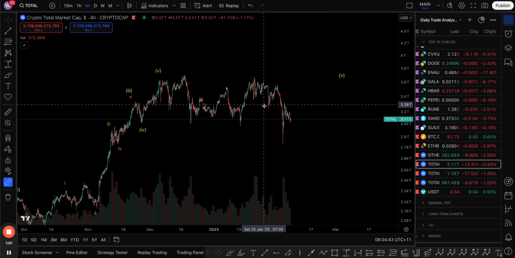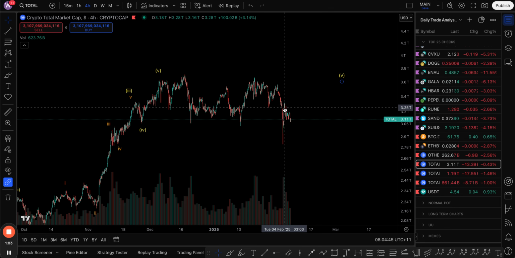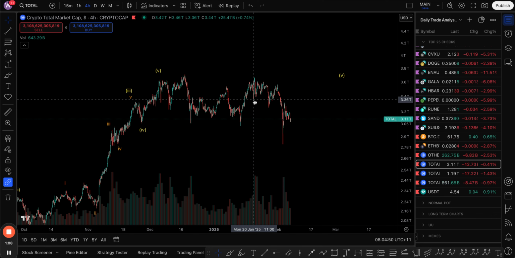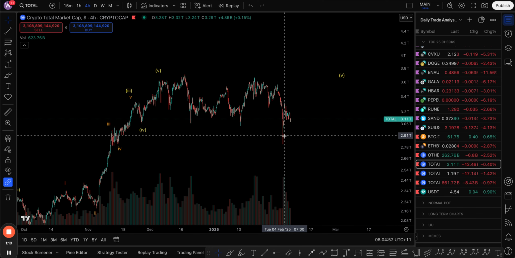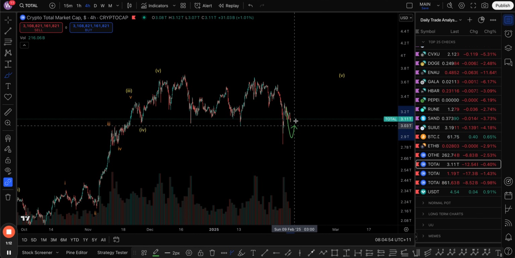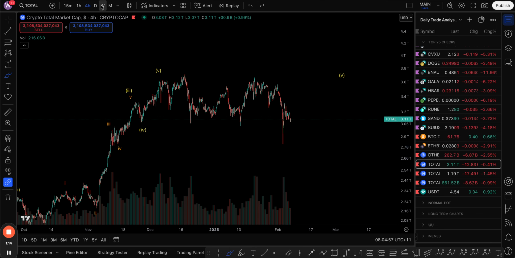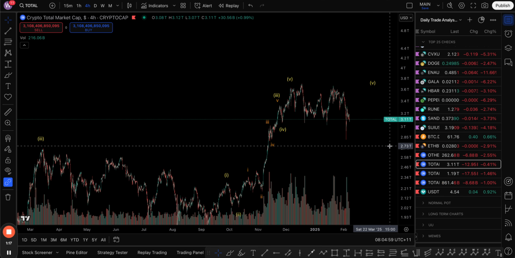So you've got wave one, that could be ABC for a flat. That could even just be a wave four because you've not hit your prior wave one, for invalidation, or you could have a triangle like this and then have one more flush. Personally, I don't think that's the case.